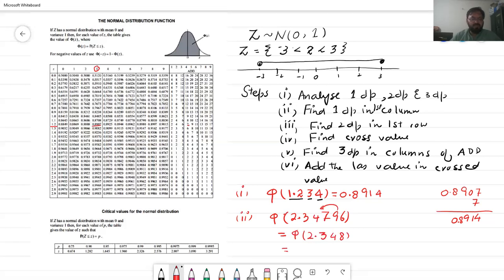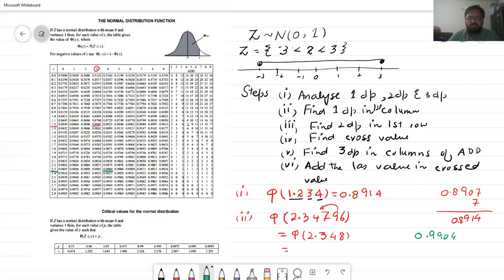Now you have to solve this question. You have to find where 2.3 is. 2.3 is over here, and where is 4? 4 is over here. So that's the corresponding value, 0.9904.